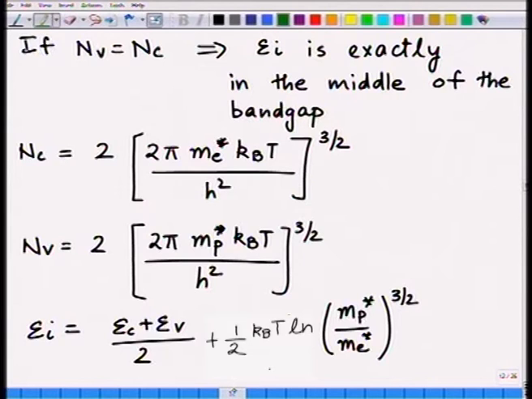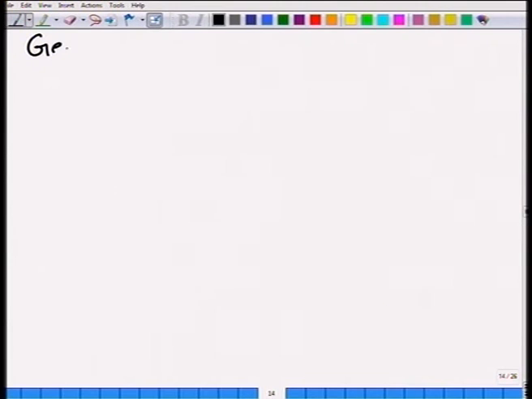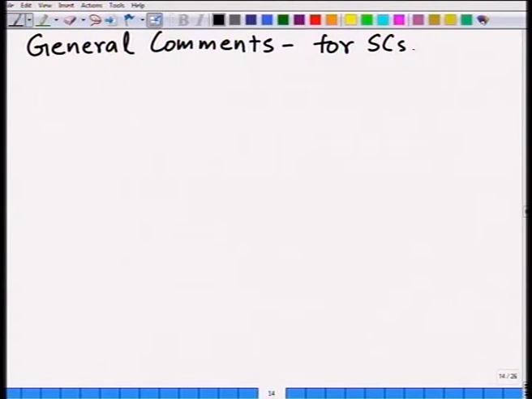In fact, we will do that in a minute afterwards. Let us make general comments first. We will determine ni. Just hold on first. General comments for semiconductors which may or may not be intrinsic.